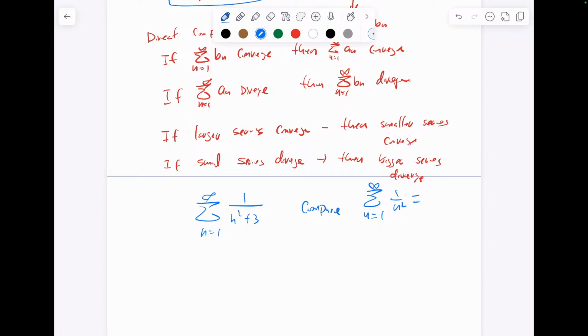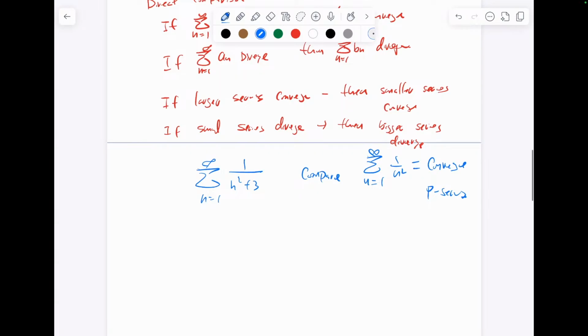This converges, right? Due to what? P series. And 1 over n squared plus 3 is less than the summation n equal to 1 to infinity of 1 over n squared.